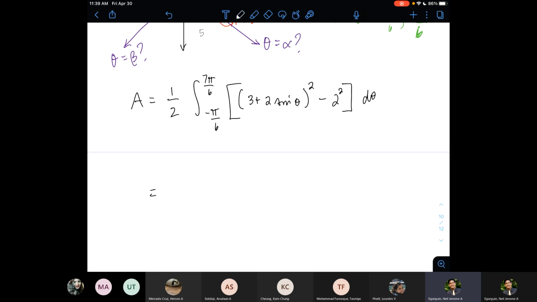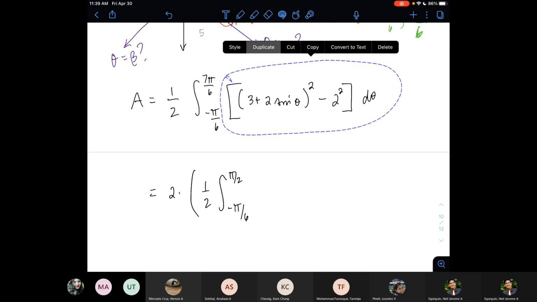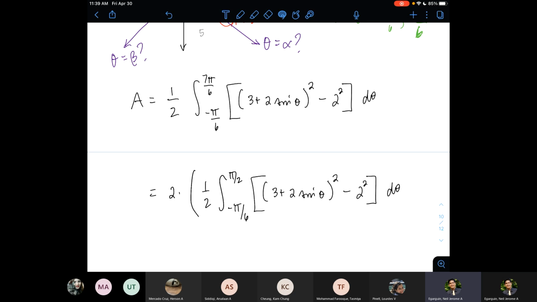So an alternative solution here is 2 times 1/2 integral from negative pi over 6 to pi over 2 of the same function. Because here I took advantage of the symmetry. But note my angular span for the integration is just half of the original interval for theta. All right.